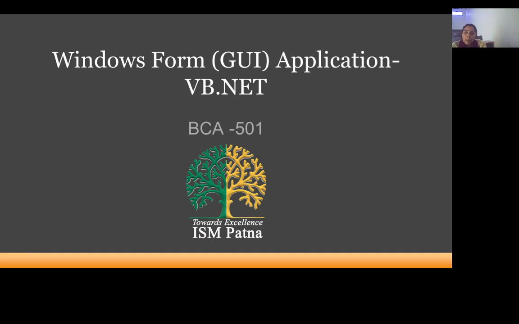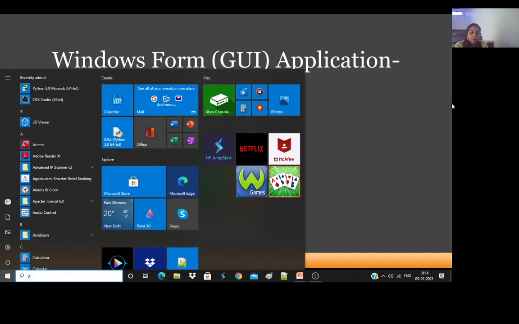To develop a GUI based application, we have to open Visual Studio. Inside that we have to select the template, on what language we are going to develop the application, and then we have to use different applications. So let's start. I'm going to open the editor of Visual Studio.